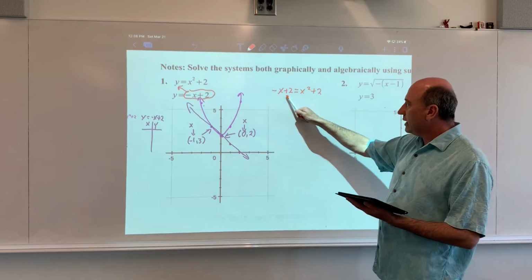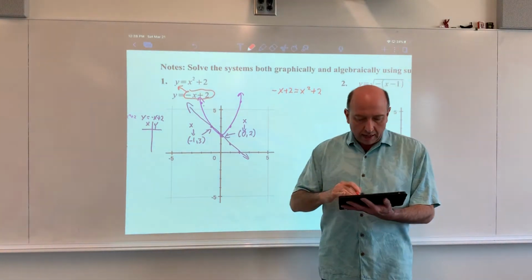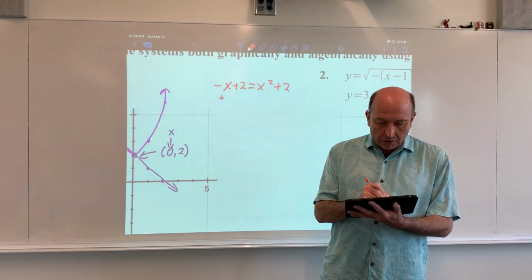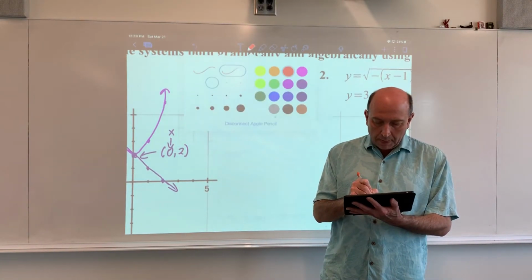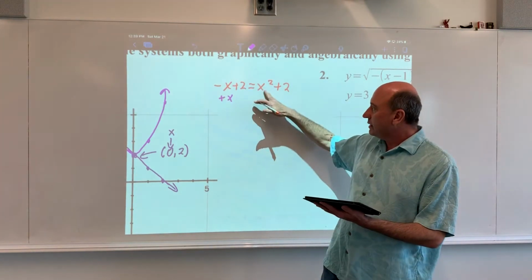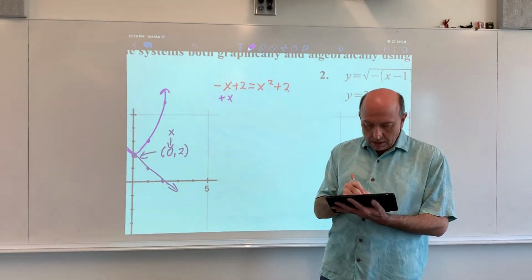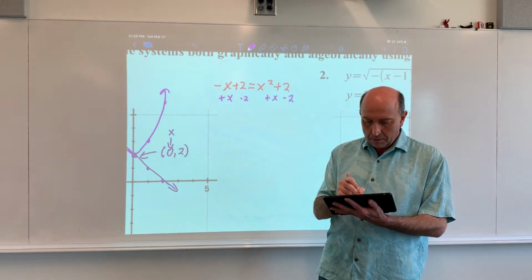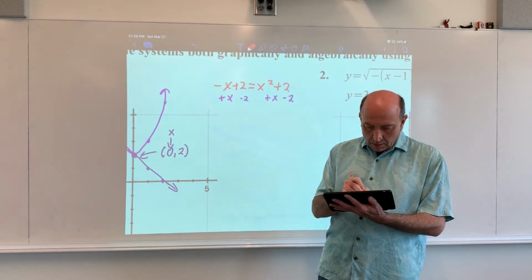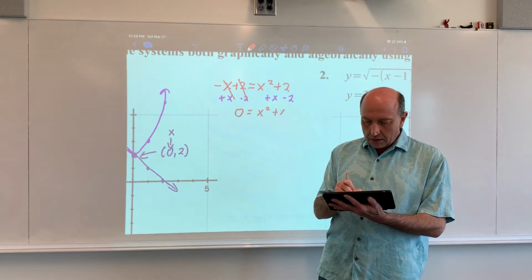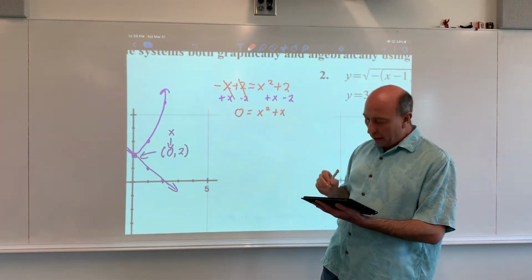So this is the kind I want to set equal to 0 and try to factor it. I will leave my x squared positive, so I'm going to add x to both sides and subtract 2 from both sides. So that cancels and that cancels, and I get 0 equals x squared plus x. And the 2's cancel.